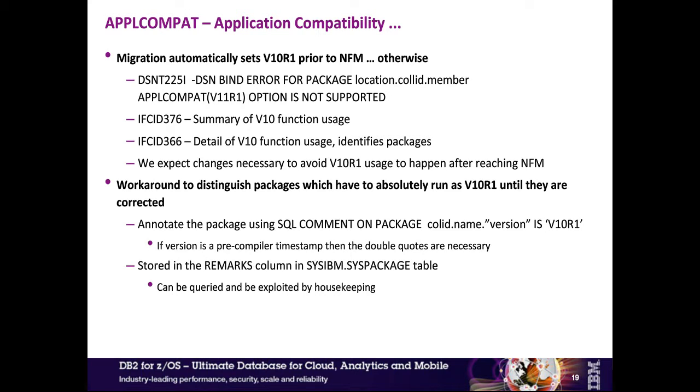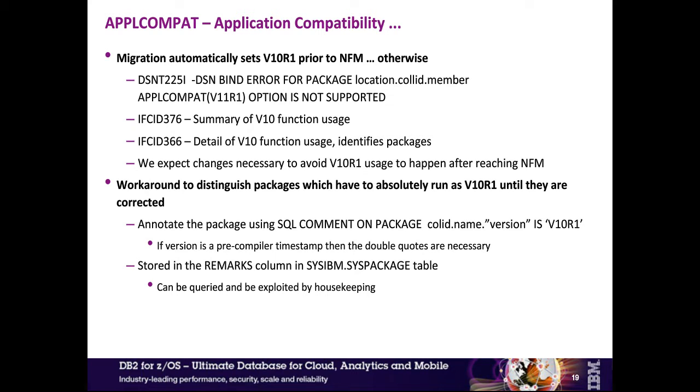Now, a point on usability here, a number of customers wanted the ability to distinguish between packages which hadn't yet been rebound under version 11 from packages that were rebound with APPLCOMPAT V11 and broke and had to be rebound and fall back to V10 R1.